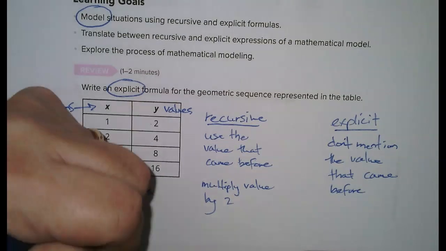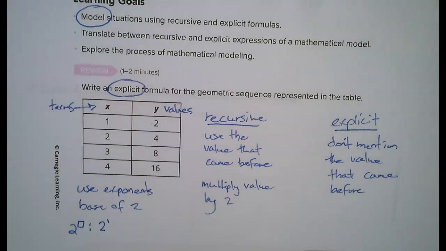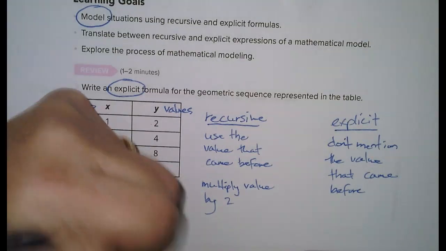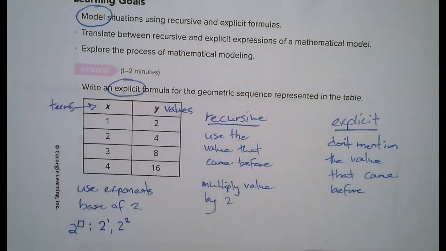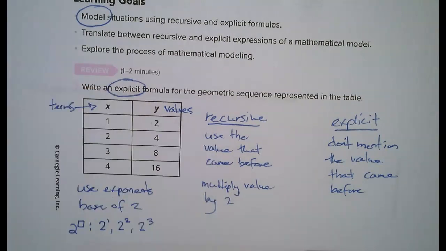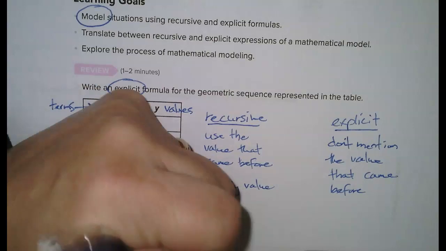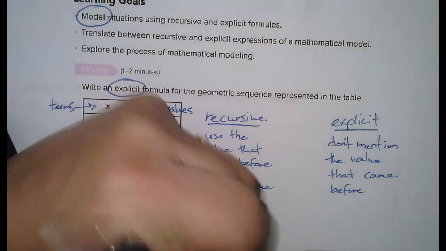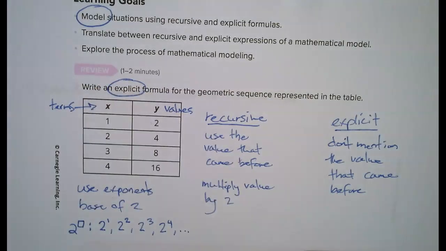If we do 2 to the first power, and then 2 to the second power, and 2 to the third power, and 2 to the fourth power, look what happens. So 2 only one time equals 2.